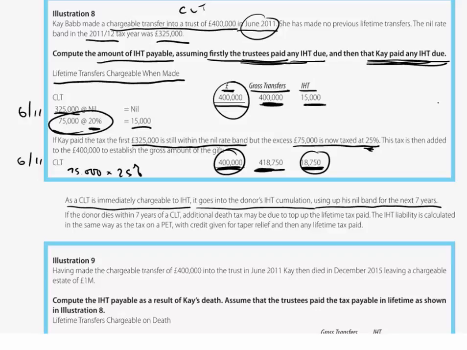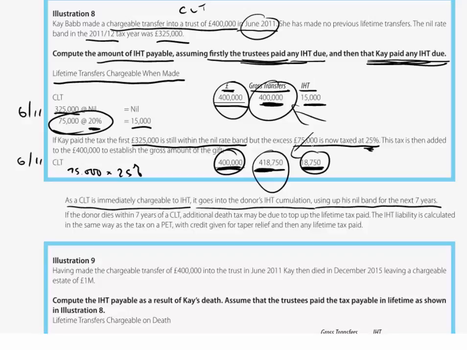If therefore there was another CLT within 7 years, June 2011 to June 2018, and the nil rate band remained at £325,000, or at least below 400,000, the lowest figure the gross transfer could be, depending on whether it was gross or net, then you would already be deemed to have used the available nil rate band in June 2011, meaning that the next CLT would be fully taxable, be it at 20% or 25%, depending on who pays the tax.